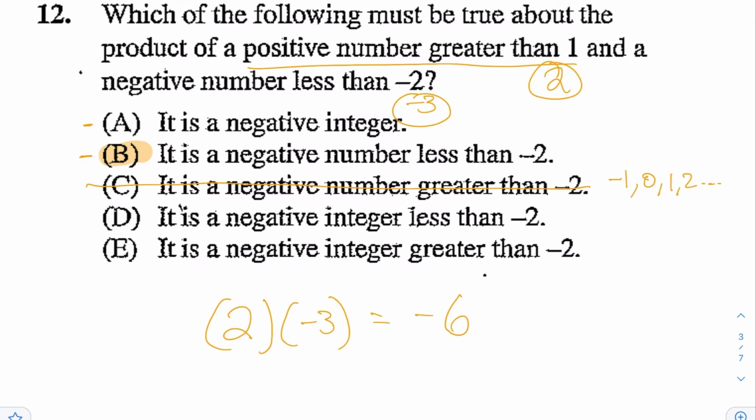Choice D is actually the same thing as choice B, or actually, excuse me, it says integer here, not just number, so it is, in fact, could be true. In this case, an integer is a whole number. And choice E is wrong because it's not greater than -2.